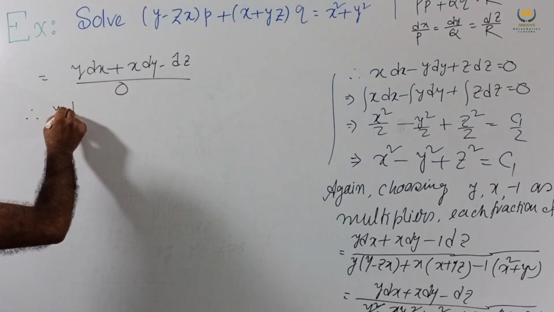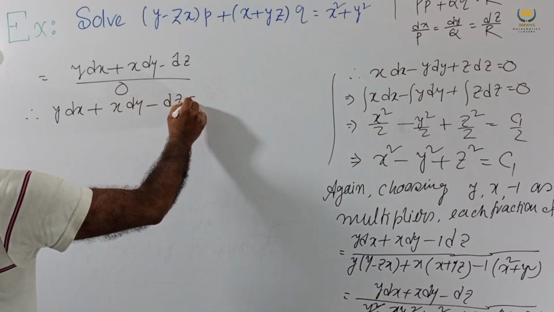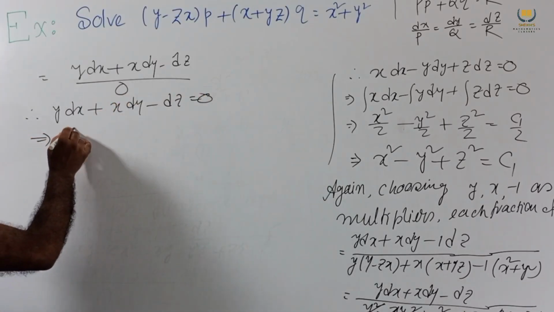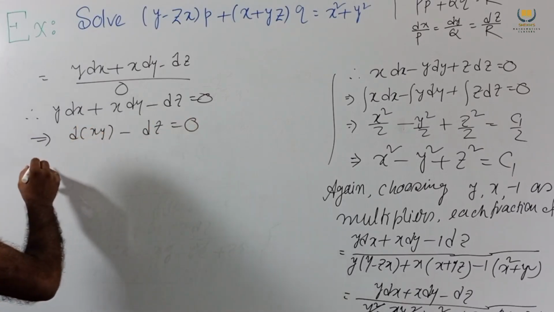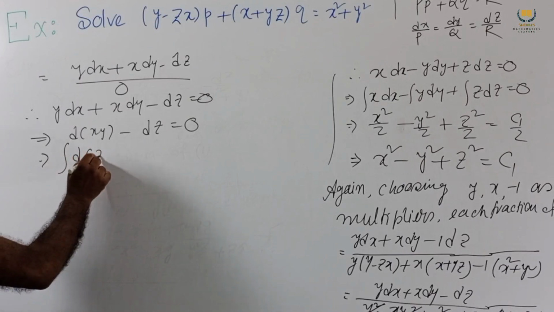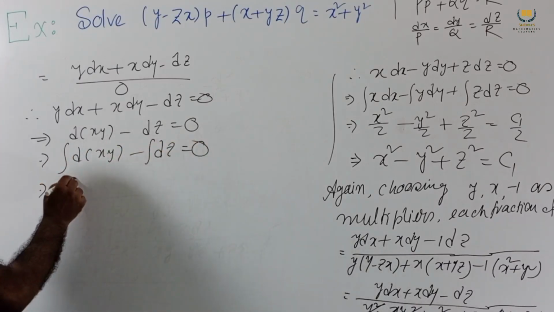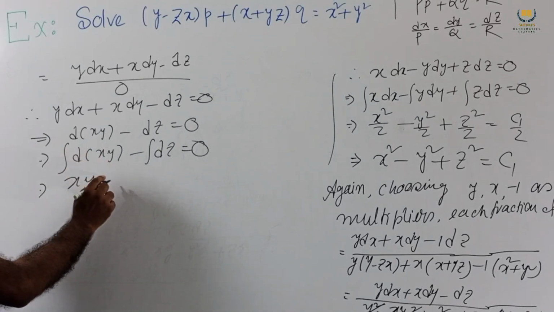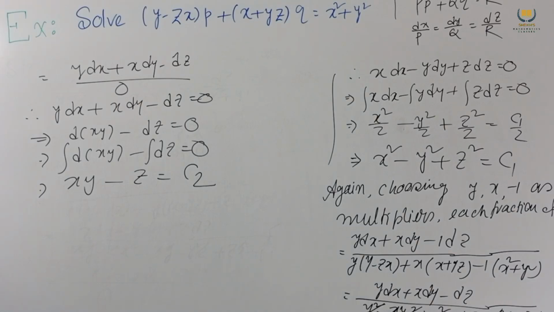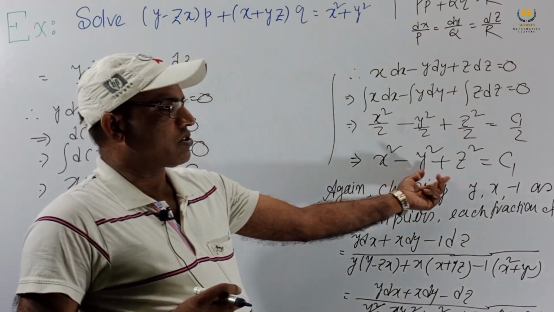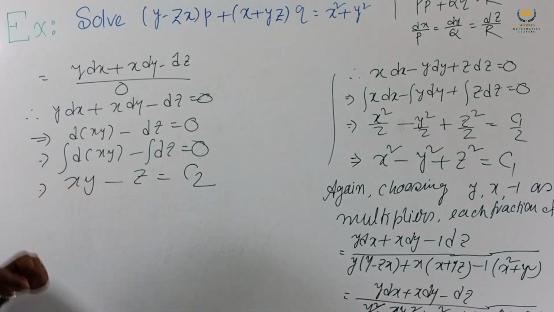Therefore, by rules we have y dx + x dy - dz = 0. This can be written as d(xy) - dz = 0. We integrate both sides, and this integration d(xy) means xy - z = c2 we get. So we get first solution is x² - y² + z² = c1, and next solution is xy - z = c2.